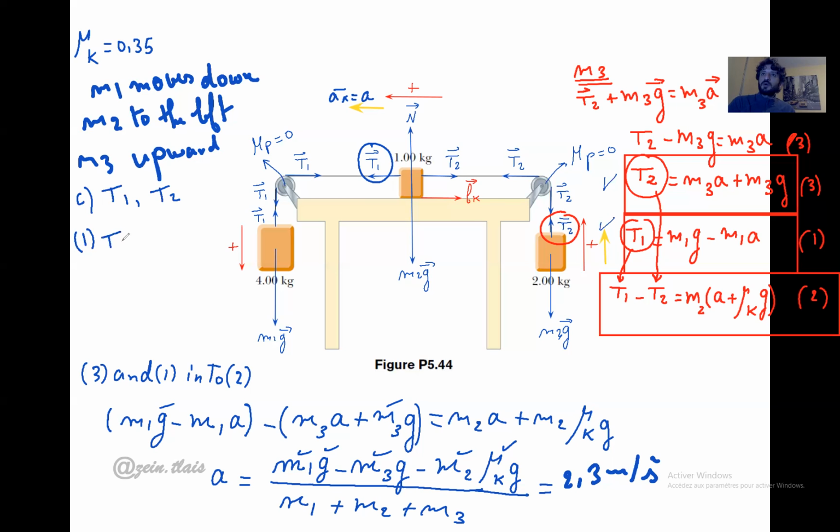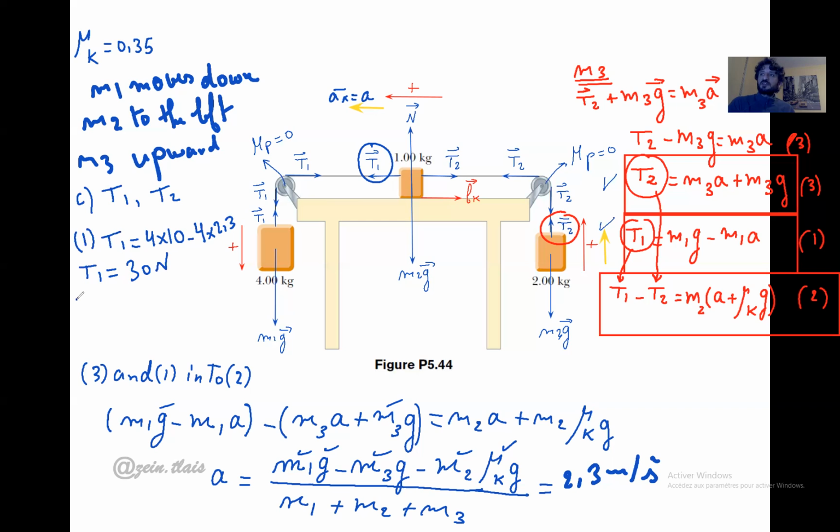We have T1 equals M1G. M1 equals 4, times G, minus M1 times A. A equals 2.3. We get T1 equals 30. We have T1 between M1 and M2, okay? So T1 equals 30.